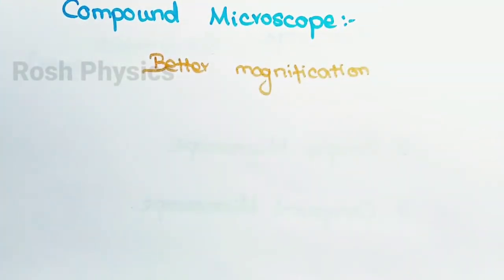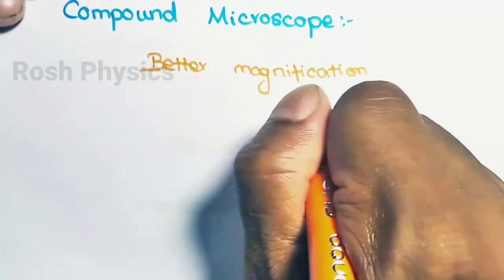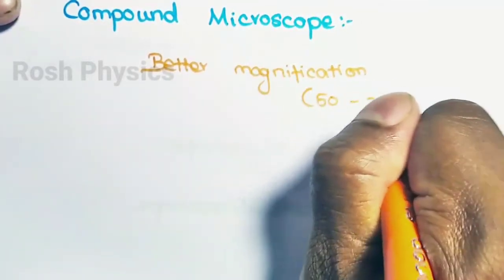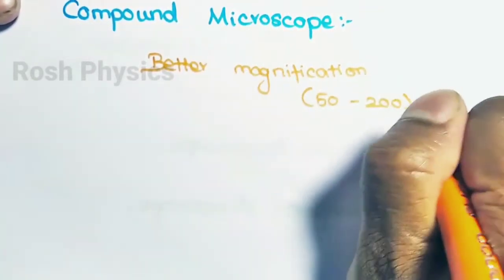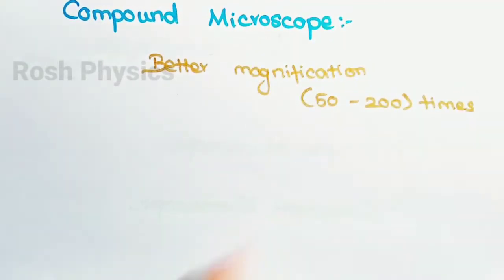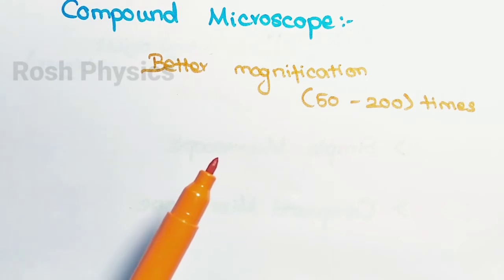It is about 50 to 200 times better than a simple microscope. The compound microscope has 50 to 200 times magnification compared to a simple microscope.